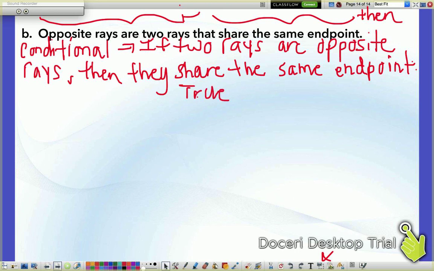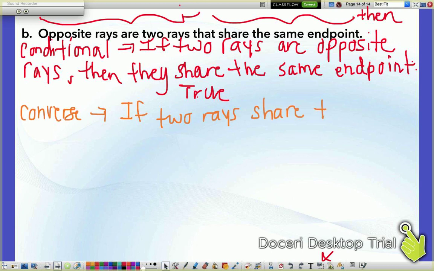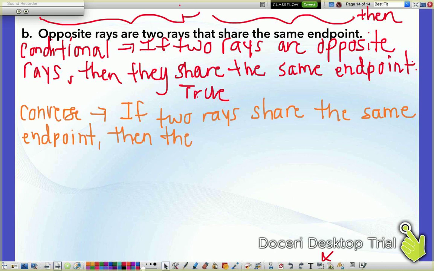All right, let's write the converse. So if 2 rays share the same endpoint, then they are opposite rays.